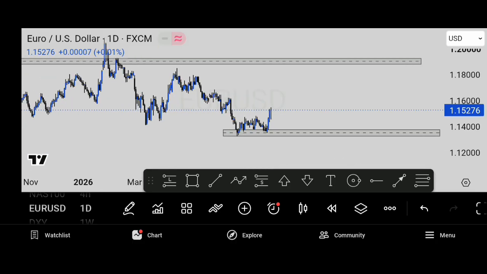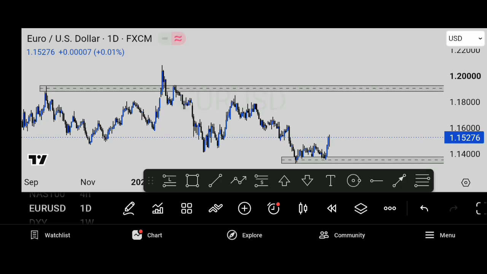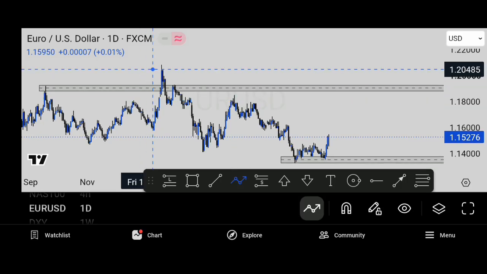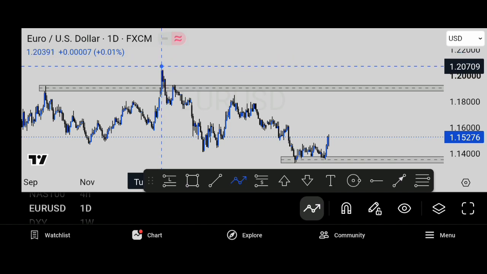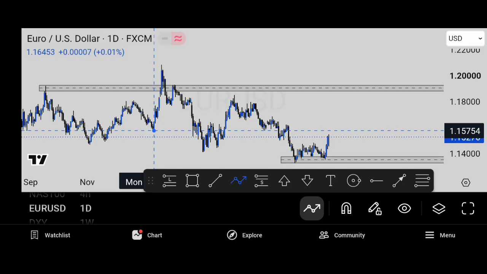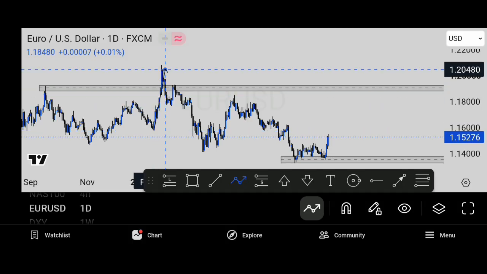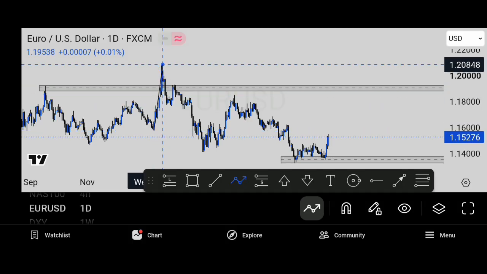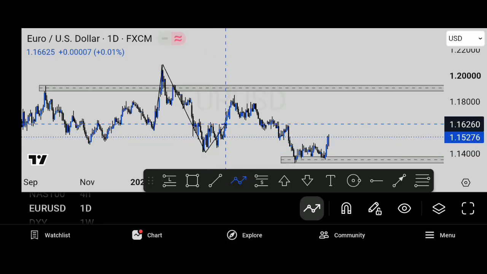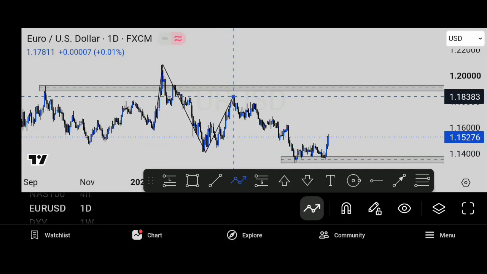As you guys can see on the current market price, we did have this downtrend. We had this high, we had this low and this high, and then the market came down and created a lower low and this lower high and another lower low.